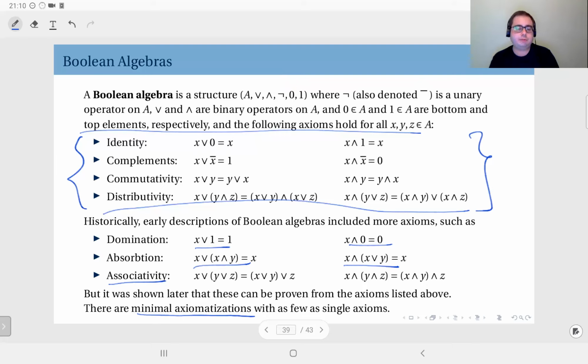I'm not giving those here because, well, first of all, there are multiple of those. And then it's very difficult to see the properties of the structure from such an expression. You have a lot of NANDs, etc. But it doesn't really paint the picture of what a Boolean algebra is, but you see it much more clearly in this set of axioms.